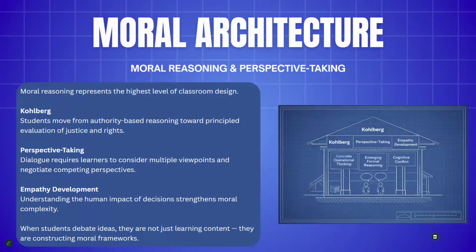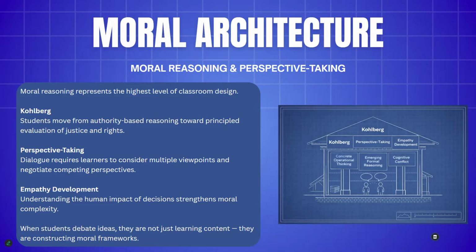The roof of the structure is moral reasoning. In Barlow's classroom, discussion moves beyond content. Students evaluate justice, power, and ethical responsibility. Kohlberg's theory explains how students progress from authority-based reasoning toward principled evaluation of justice.